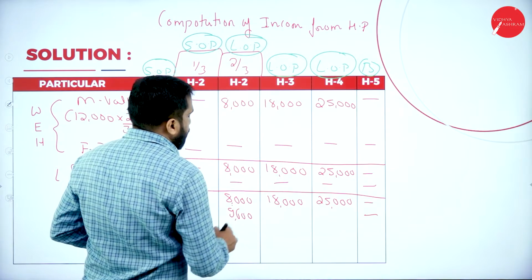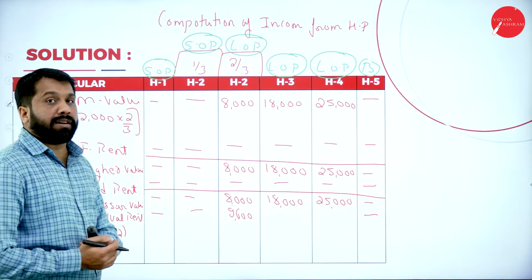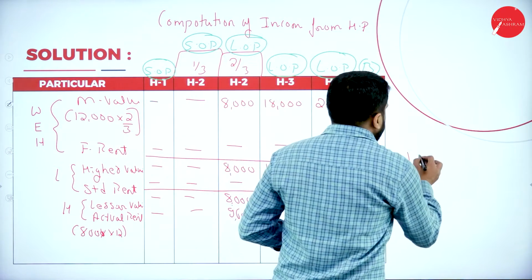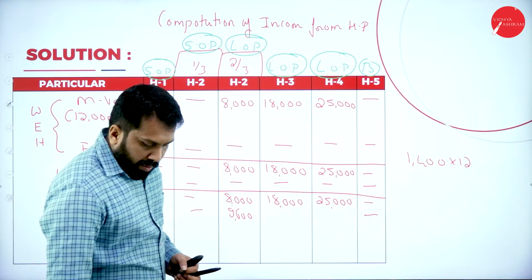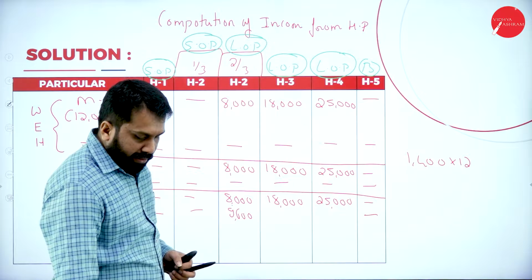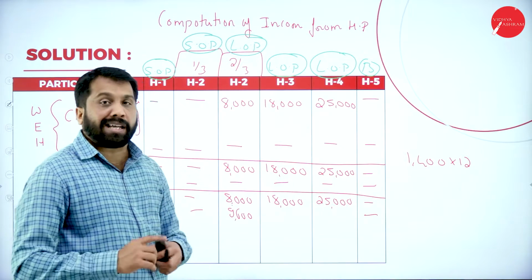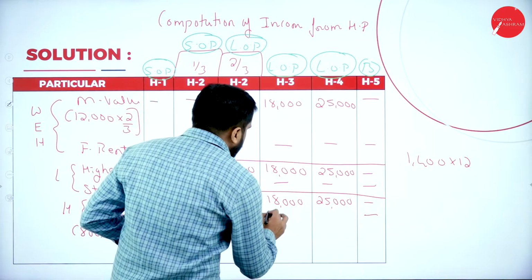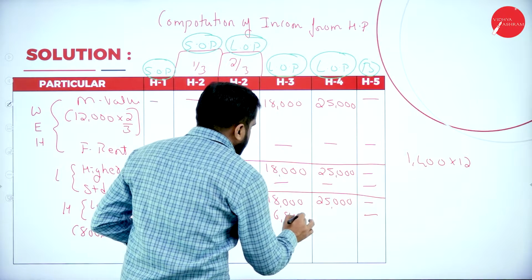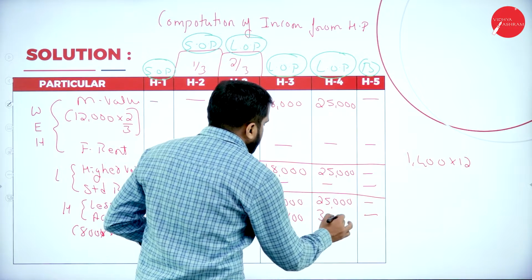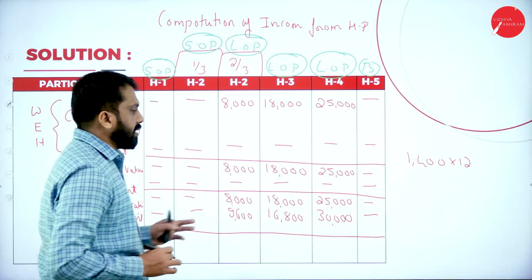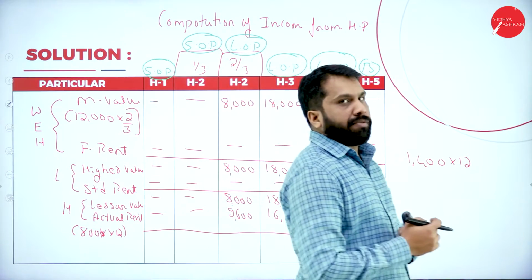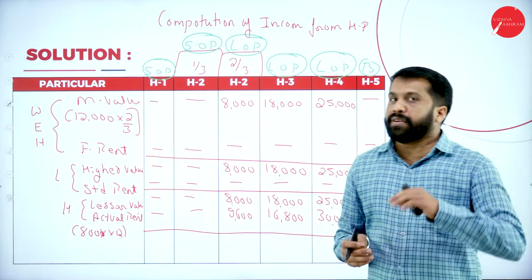And this will be how much? 1,400. 1,400 into 12, we'll calculate. 16,800. And the last one we can calculate directly. It is 30,000. Clear? 8,000 it was there, but I made it 800.